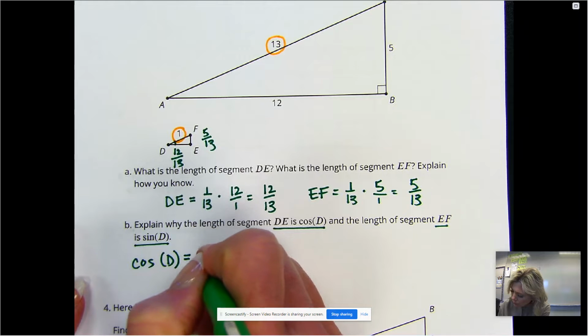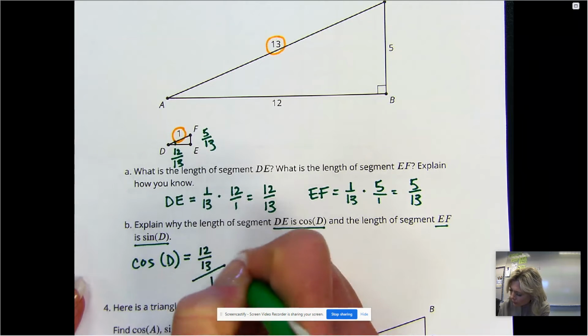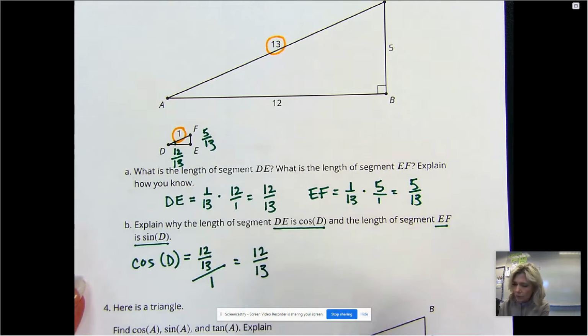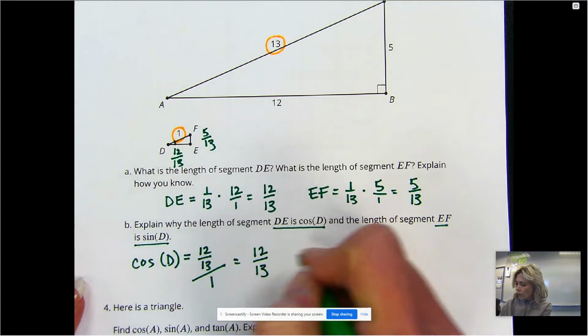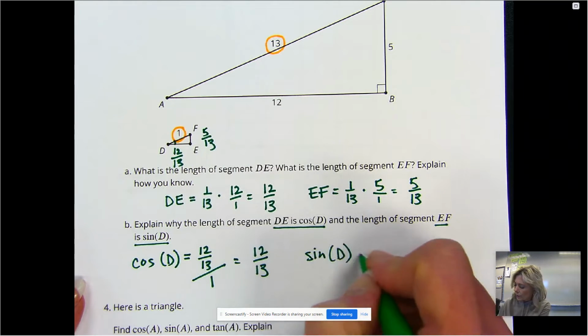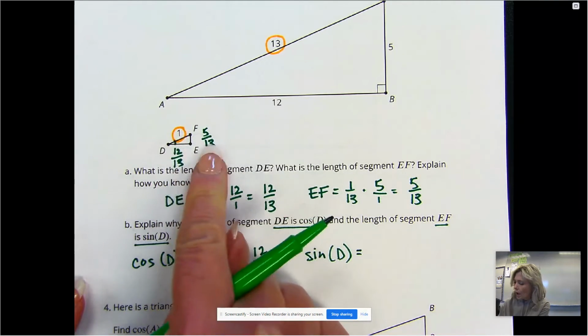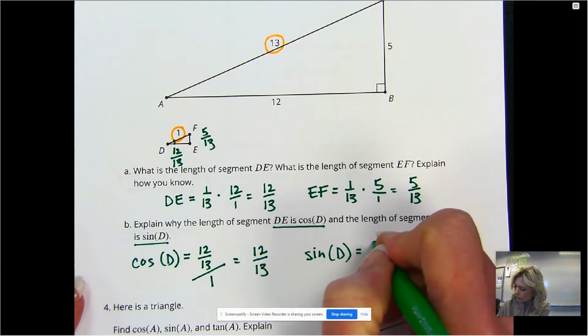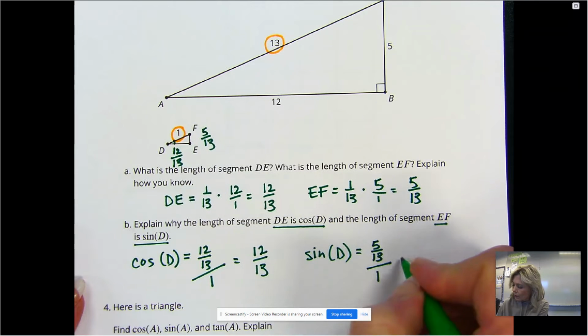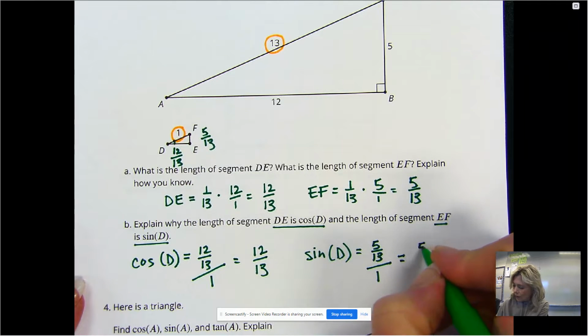So when you divide 12/13 by 1, it's just 12/13, which is the length of the side. And then the same happens for the sine of angle D. The sine of angle D is going to be the opposite, 5/13, divided by 1. And when you divide by 1, you just get 5/13.